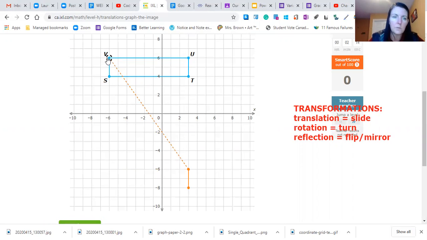You're welcome to count 12 from V. And your last one from S, count 12 down. And there you have your translated rectangle STUV, translated 12 units down.